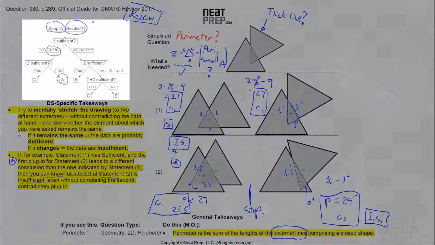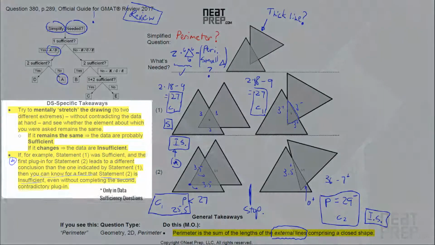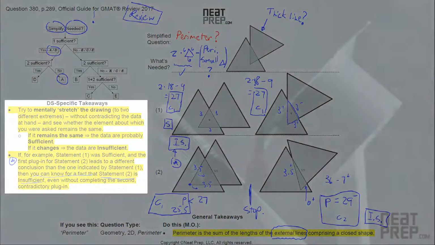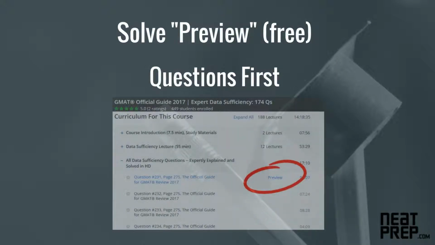A simplified DS flowchart that shows you how to quickly eliminate incorrect answers accompanies each data sufficiency question. On top of the general takeaways, DS-specific takeaways will teach you specialized little-known DS concepts. If you go through the course curriculum, you will notice that some questions are preview enabled. In other words, their solutions may be watched for free.